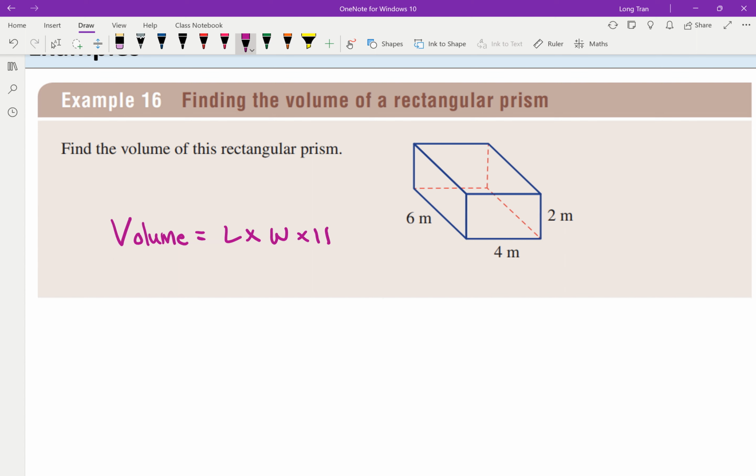Very good. Length times width times height, or length times height times width, same thing. This is the first time that you learnt volume in primary school, and most students will know that. Okay? But I want to highlight a small idea, and that will lead into the next exercise.